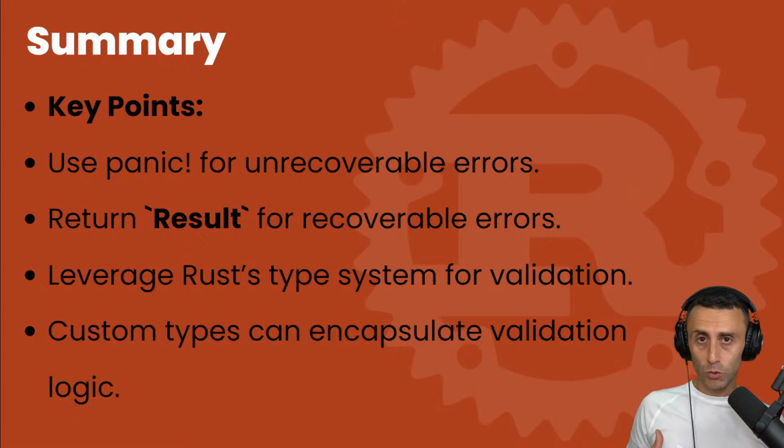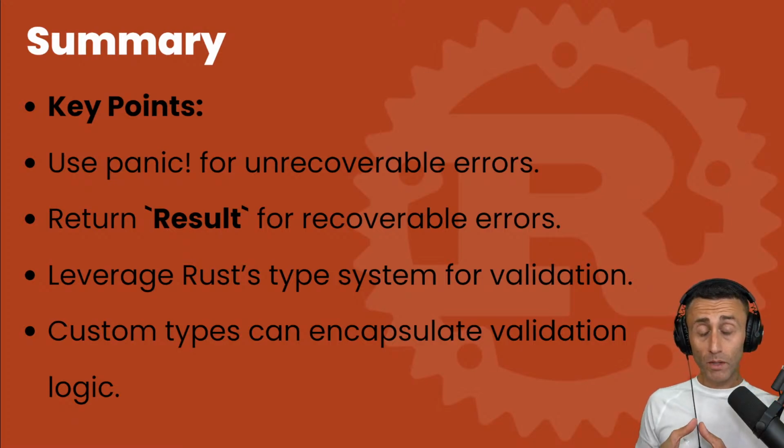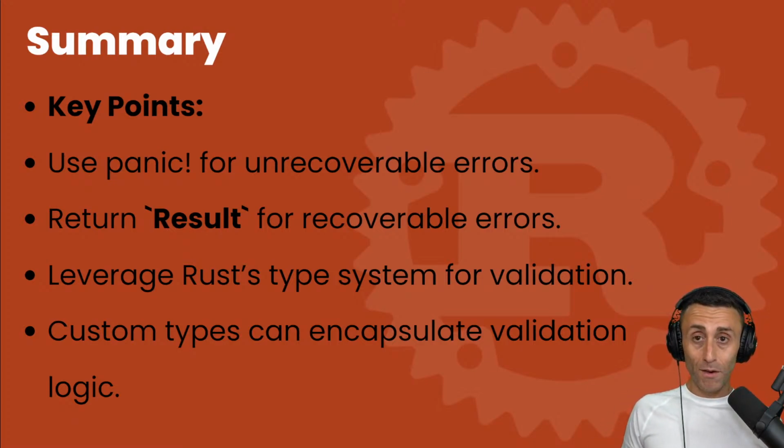This is very similar to the exceptions way of coding in other programming languages, for example Java. We can use the Rust type system for validation, of course, and we can create, as we did some seconds ago, some custom types to encapsulate the validation of other types or other functions logic.